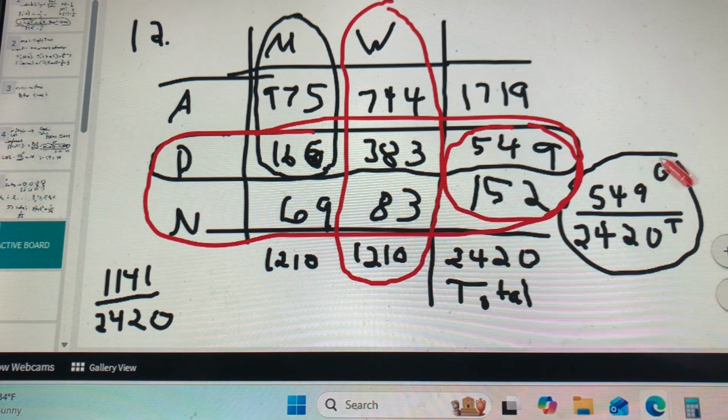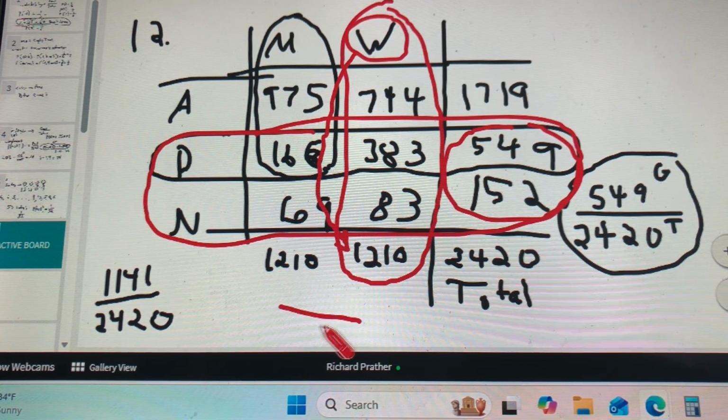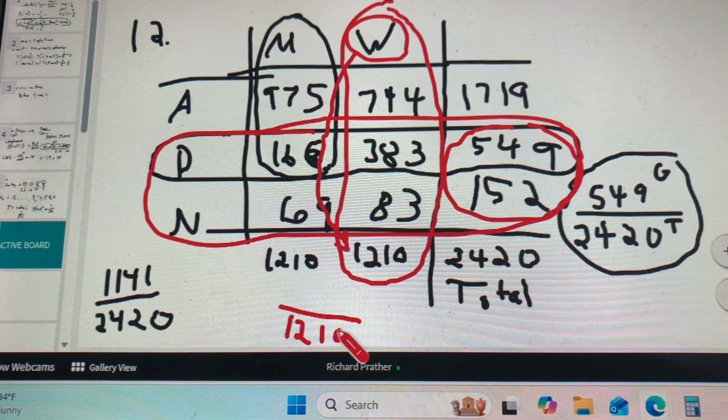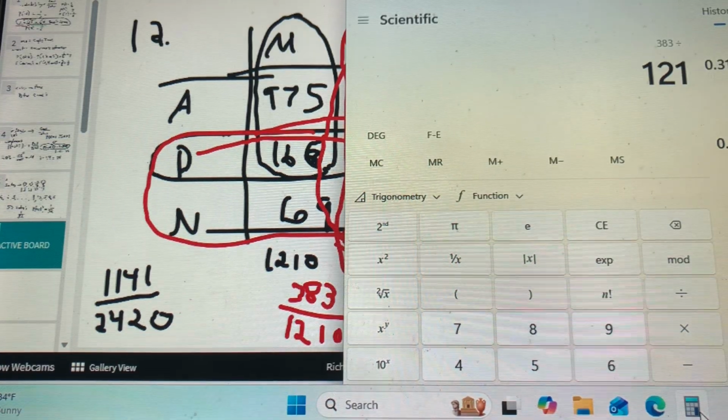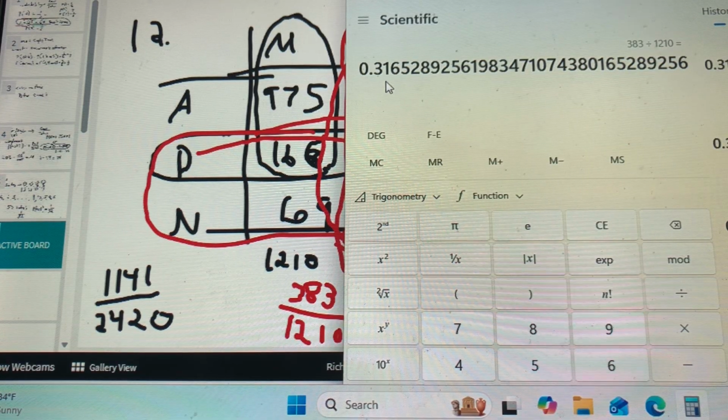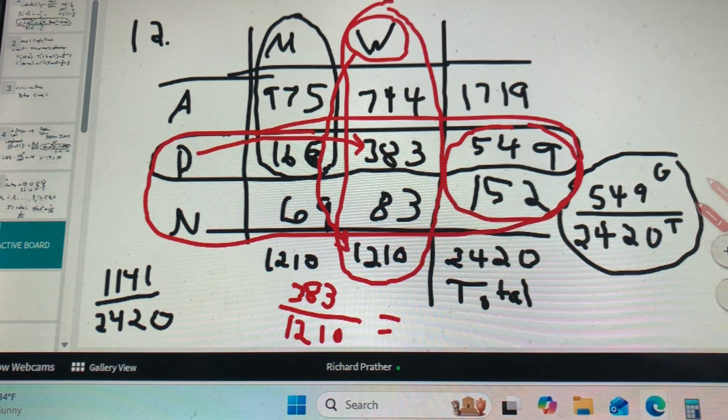Okay. So what they're doing is that it's out of a woman. So they said a woman was stopped on the street. So that takes all the men out of the equation. So it causes the denominator to be different. It's 1210 instead of the 2420 because you're only dealing with women. And then how many women disagree? That's this 383 right here. This is actually another type of probability called conditional probability, but I guess they just had one part about it. So 383 divided by 1210 is what they wanted us to do in part 3. And that's 0.31, but there's a 6 after that, so 0.32.